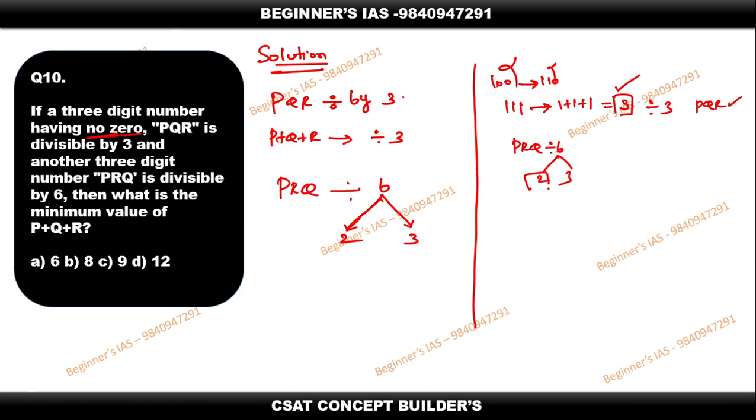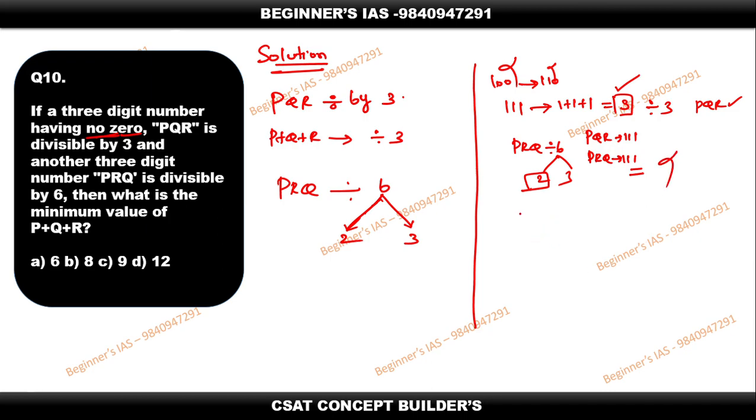In order to be divisible by 2, the unit place is going to be 2, 4, 6, even numbers. But here, if PQR is equal to 111, what would be the PRQ? The PRQ is also 111. The unit place is 1. Therefore, surely it is not divisible by 2.